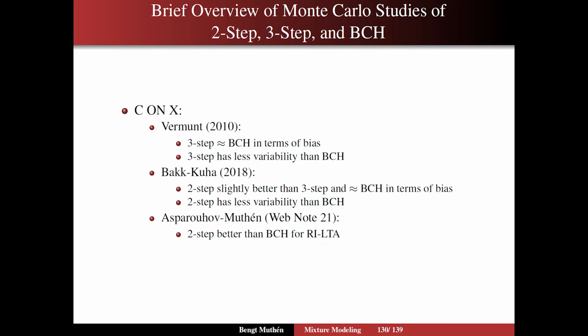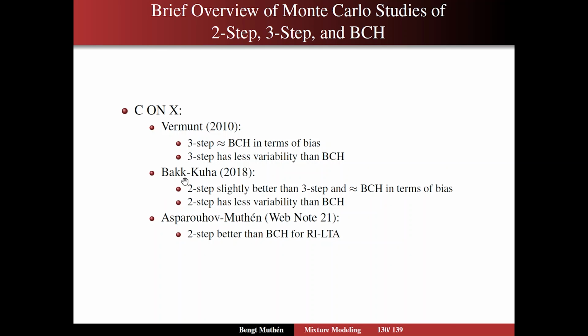C on X, regression of C on X. And for that part of the model, Jerome Vermont, in his 2010 paper, studied three-step compared to BCH, and they're approximately equal in terms of bias. Three-step has a bit less variability than BCH.